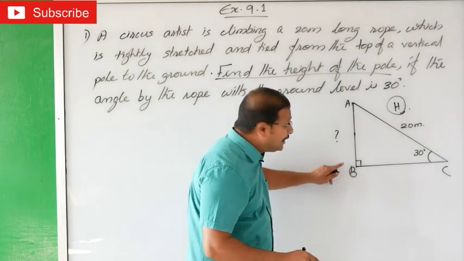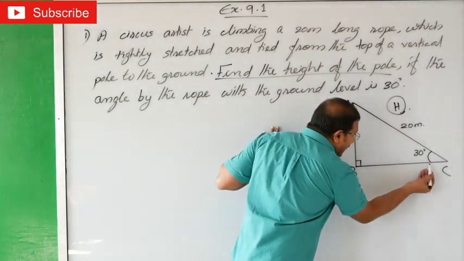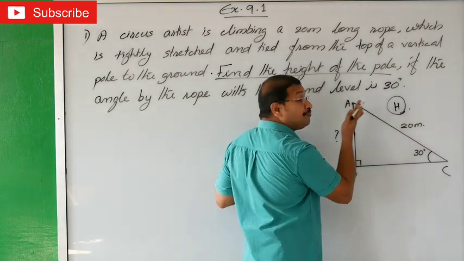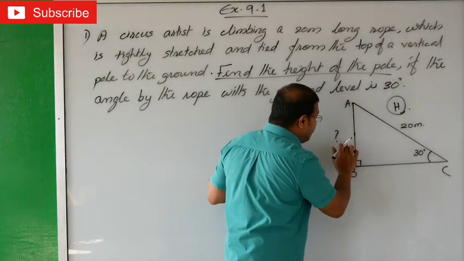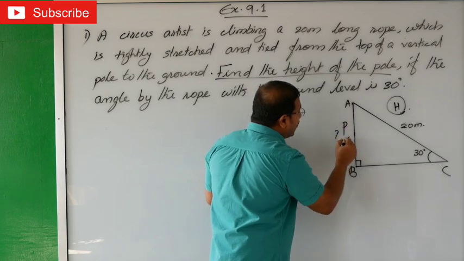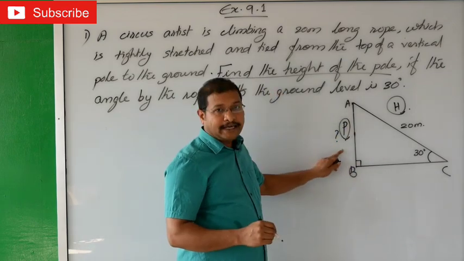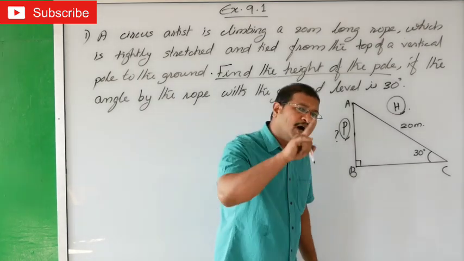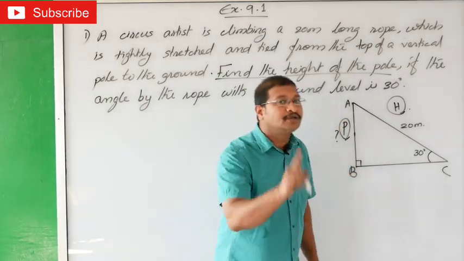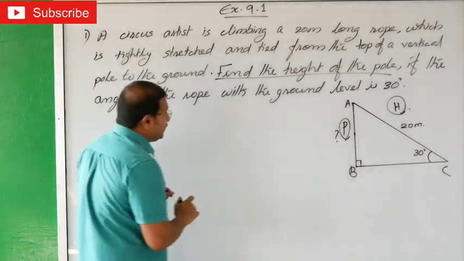So according to this angle, this will be the angle C. Side opposite to angle C is called the perpendicular or the opposite side. So perpendicular by hypotenuse. What is the ratio? Sine. Okay, so keep in mind.